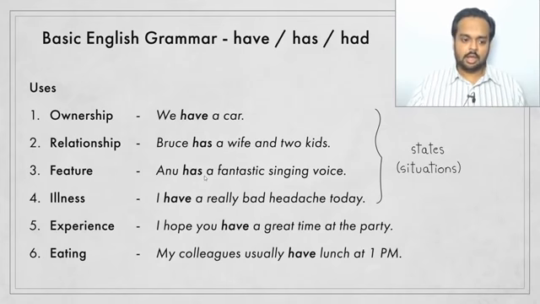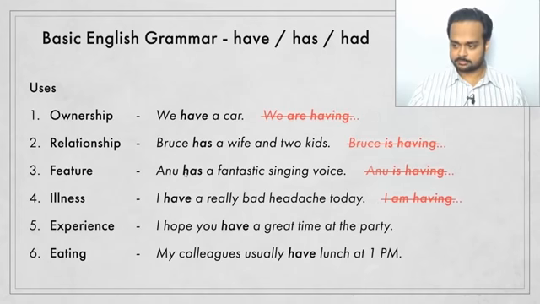When I say, we have a car, in this first use, there's no action being performed here. It just expresses a state of ownership. Similarly, Bruce has a wife and 2 kids. Again, there's no action here. This sentence just expresses a state of relationship. And it's the same with number 3 and 4 as well. They're general situations, they're not actions.